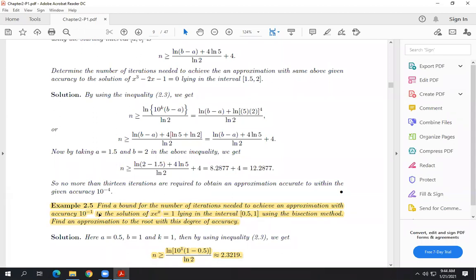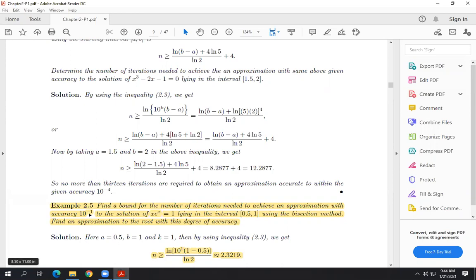So first, he says find the number of iterations, meaning find the value of n. Then after finding the number n, he says find the approximation. That means if you find n is 2, you find C1 and C2. If n is 3, you need to find C1, C2, and C3. Right. So what is the formula you have here now?